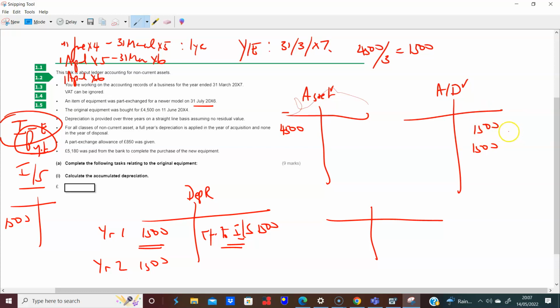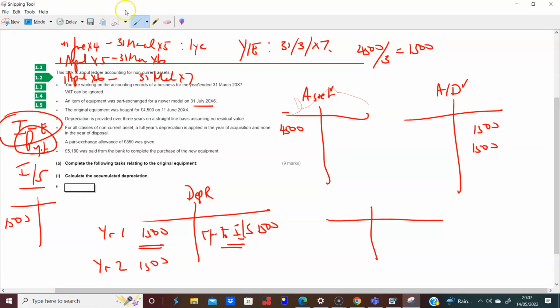It tells us that there is no depreciation in the year of disposal, so we are not depreciating anymore because we dispose of it during the year ending 31st of March, X7. That's when we dispose of it. So really that's where we are.